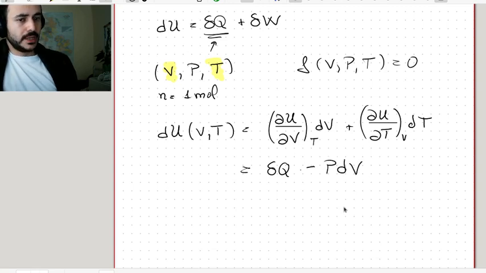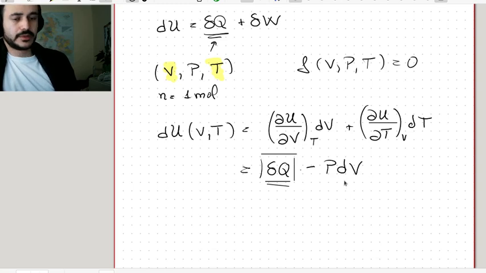Now we have what we wanted, because we wanted to write the differential of Q, the reversible infinitesimal heat in an infinitesimal process which is reversible, as only a function of the variables of state of my system. And we can just do this from this expression.